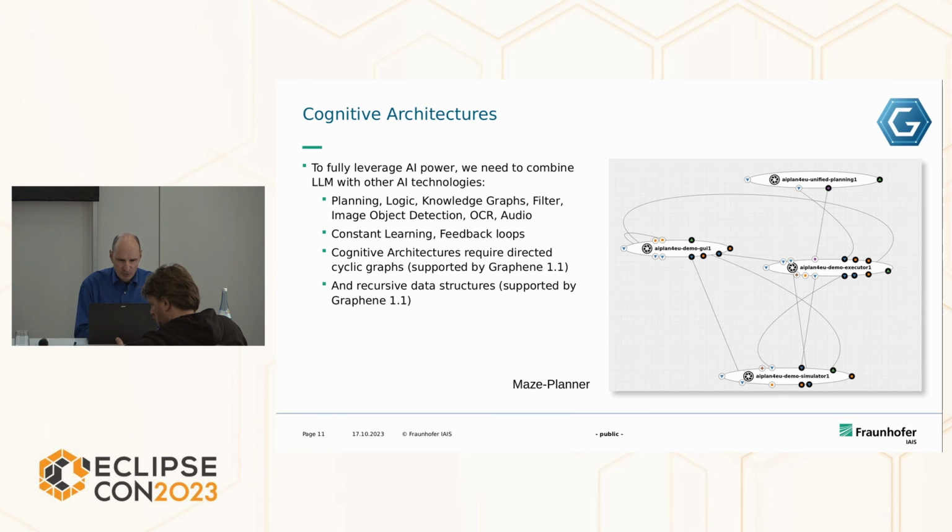And coming back to the cyclic properties of our topologies, we are aiming at supporting cognitive architectures. So we see now with LLMs, we need to combine them with different technologies of AI, with more or less traditional AI, like planning, logic, knowledge graphs, filtering is very important, object detection, OCR, and audio processing for all kinds of perception.